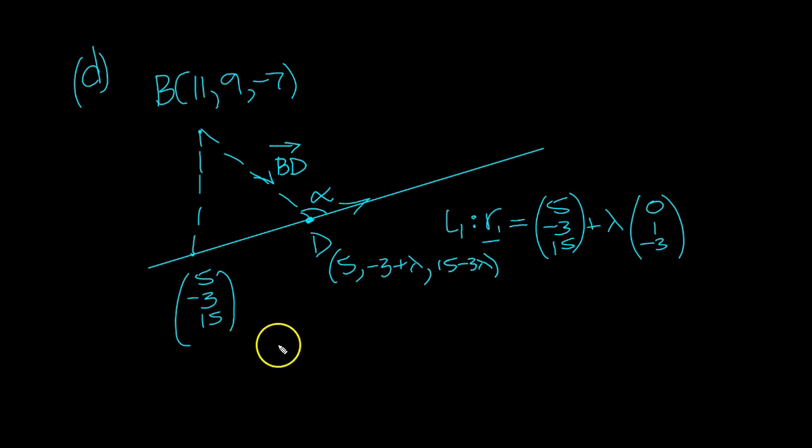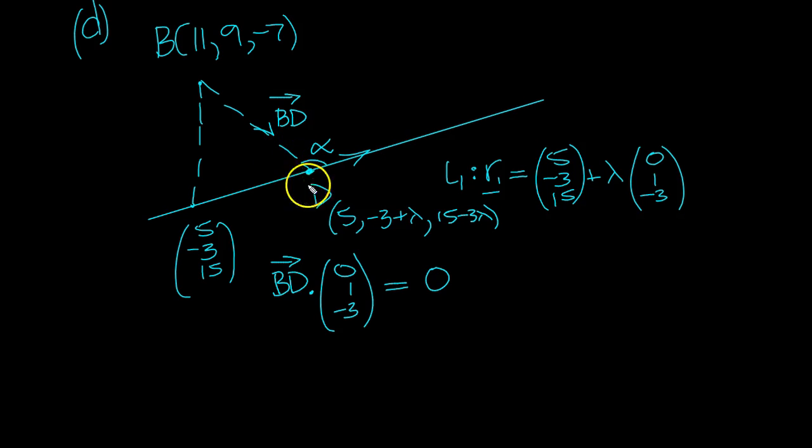So BD dotted with this vector here, 0, 1, minus 3, needs to equal, the cosine of 90 will be 0, so that would need to be 0 for them to be perpendicular.